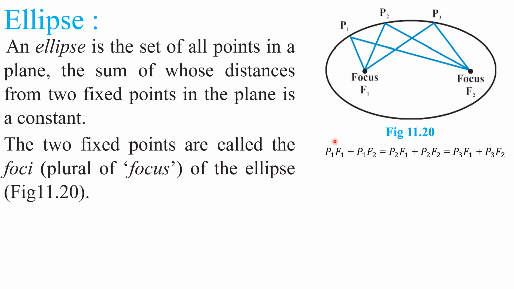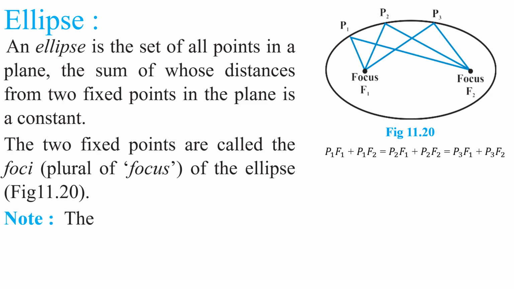All these numbers are equal. Then these points form an ellipse in the plane. The set of all such points forms an ellipse. Understood this point, my children?